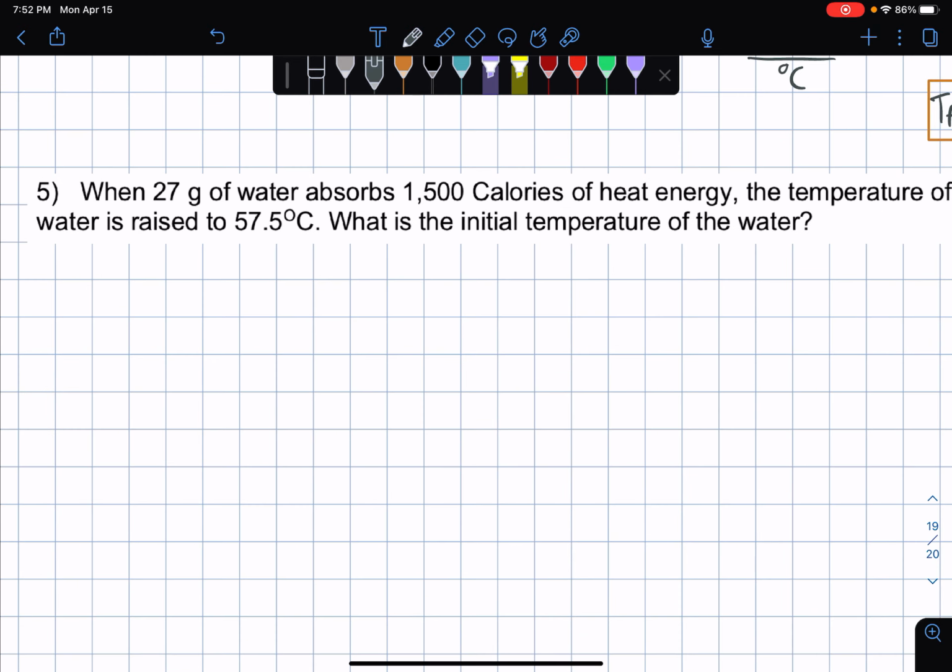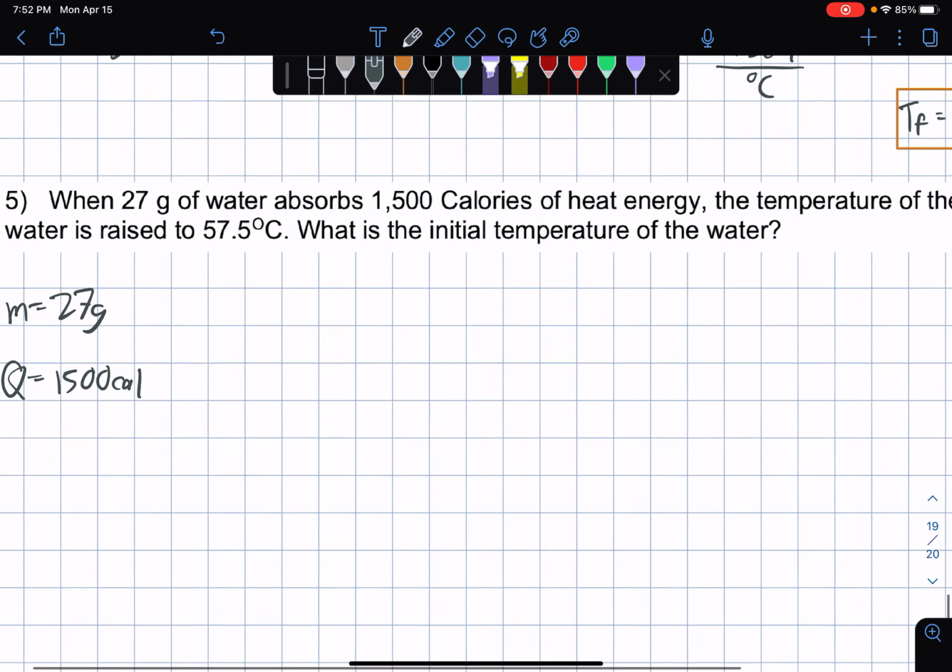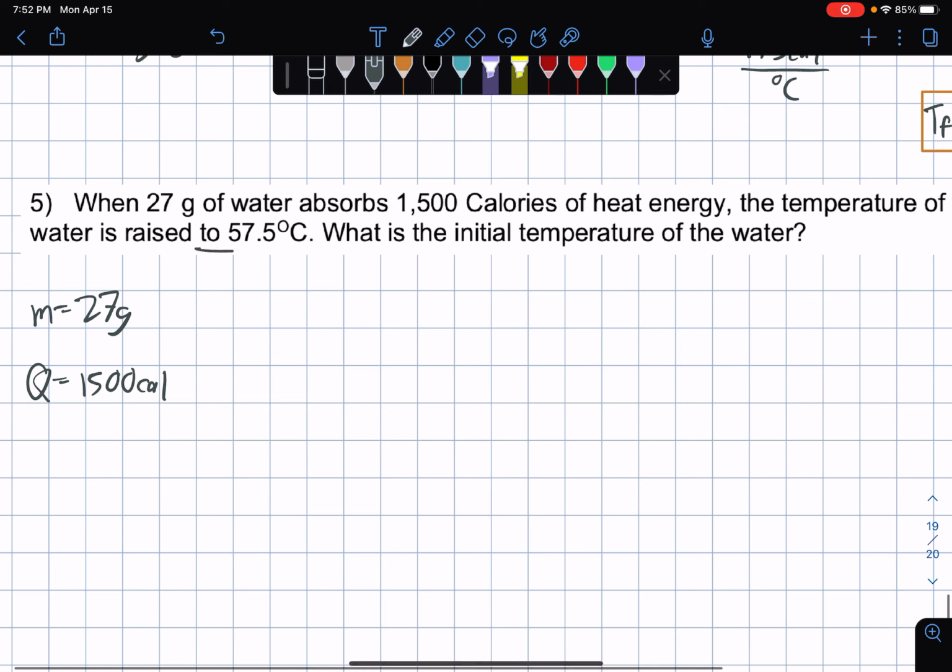So when 27 grams of water absorbs, this is the mass, 27 grams, 1,500 calories of heat energy. Q is equal to 1,500 cal. The temperature of water was raised to. Instead of the preposition "from", it is stated "to", so this is definitely the final temperature.